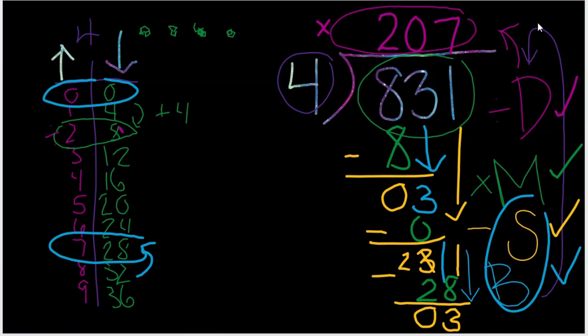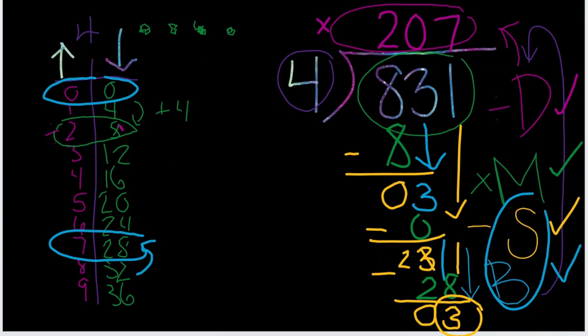We're done. Well, what do we do with our 3 here that are left over? They become what we call our remainder. If you were talking about money, it would be what you have left over, be your change that you get to go home with.